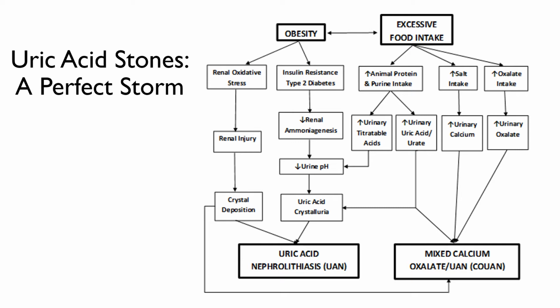But what drives that milieu that leads to uric acid stone formation, primarily that low urine pH, is complex. And until recently, or at least in common practice, the typical approach is to just simply alkalinize the urine without paying attention to the other factors that play a role.